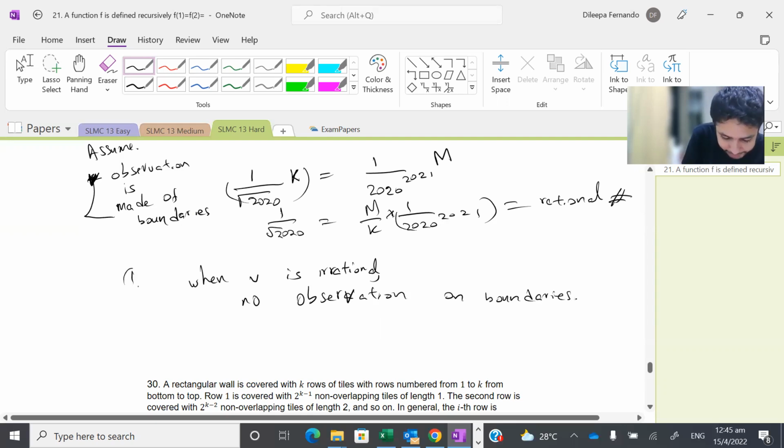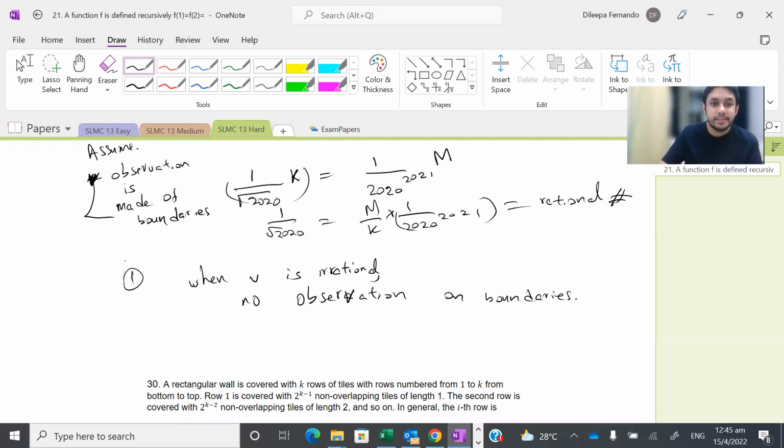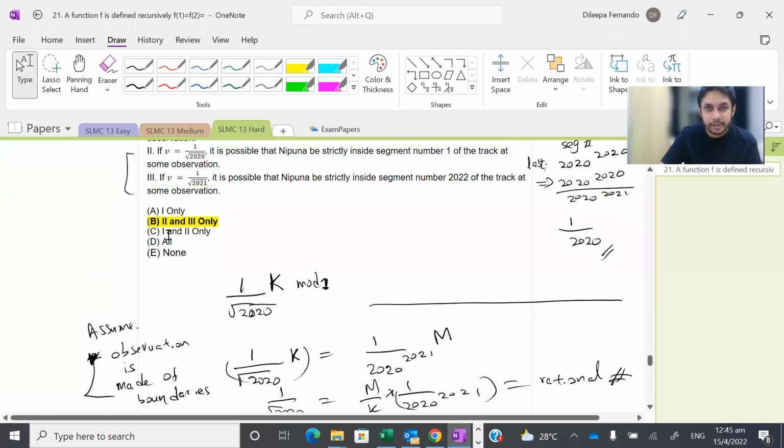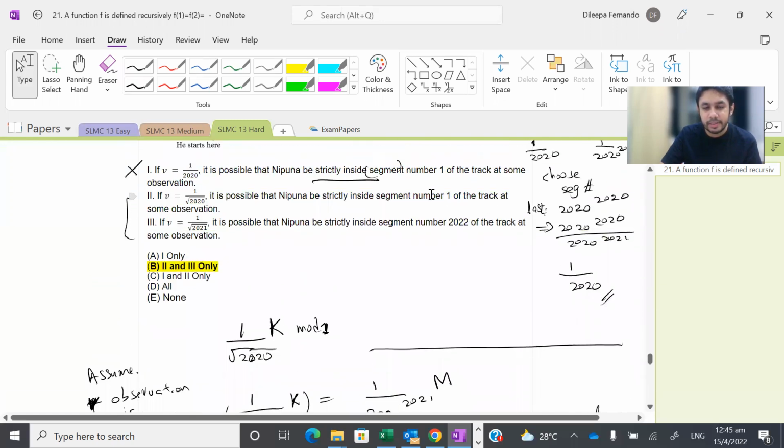Okay, now one fact is clear. Now let's see whether we can find an observation on segment number 1 or segment number 2022.